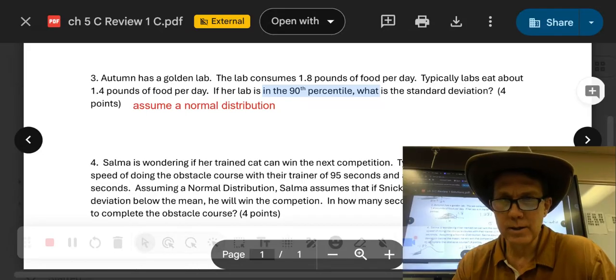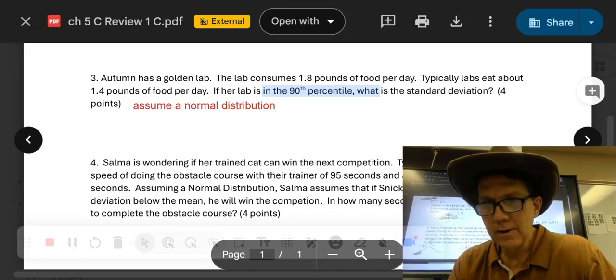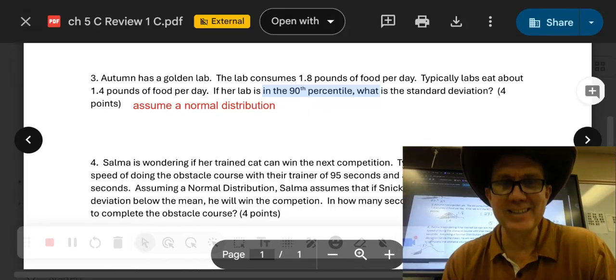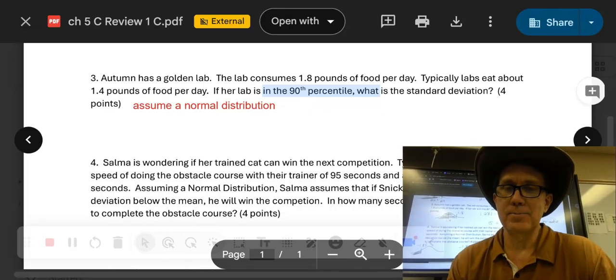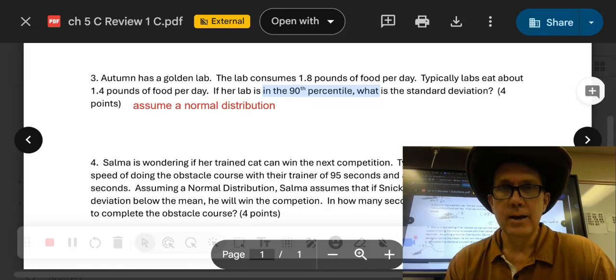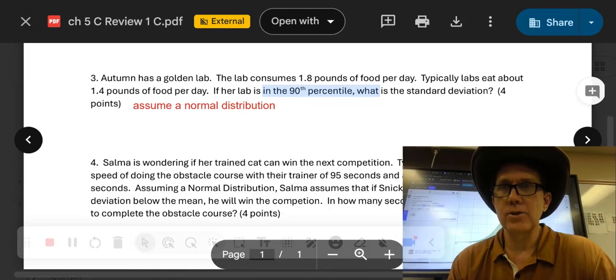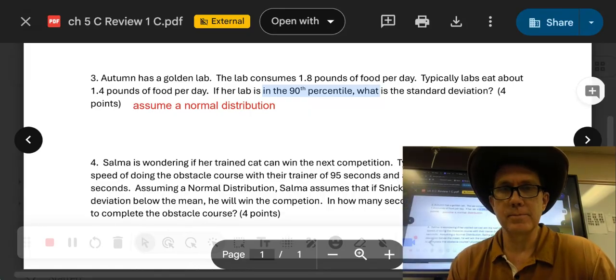That's kind of weird. Sigma equals, so we're going to go with that. I did that right. Whatever pounds, I'll have to fill that answer key in. So I'll have to update that. I guess I didn't have that one. It is 0.31 pounds. All right, let's look at another one.